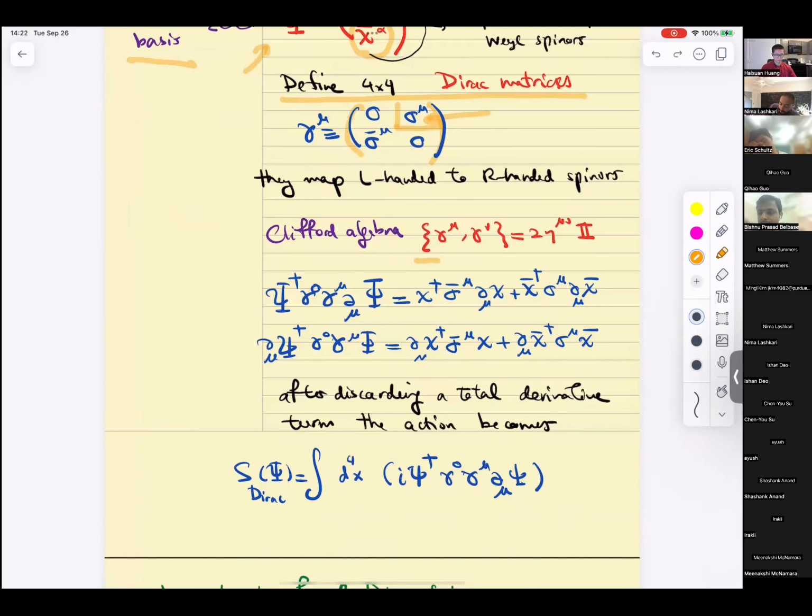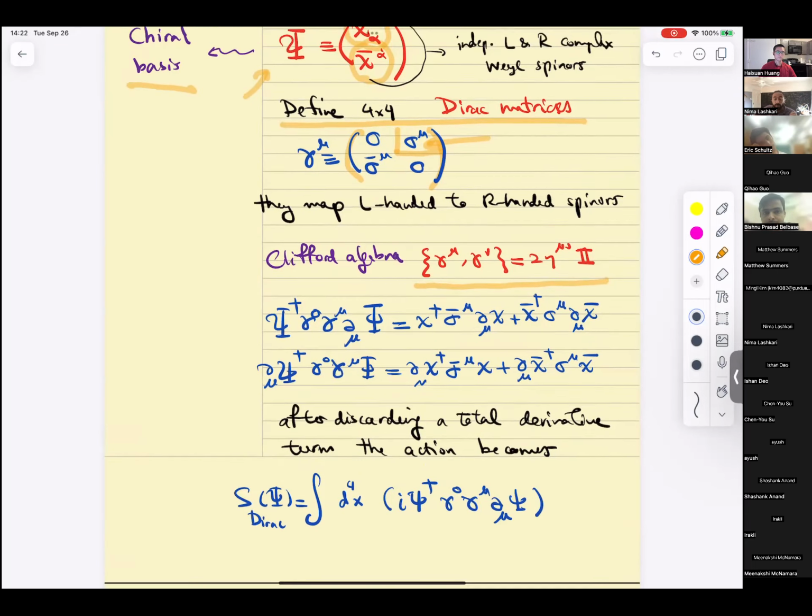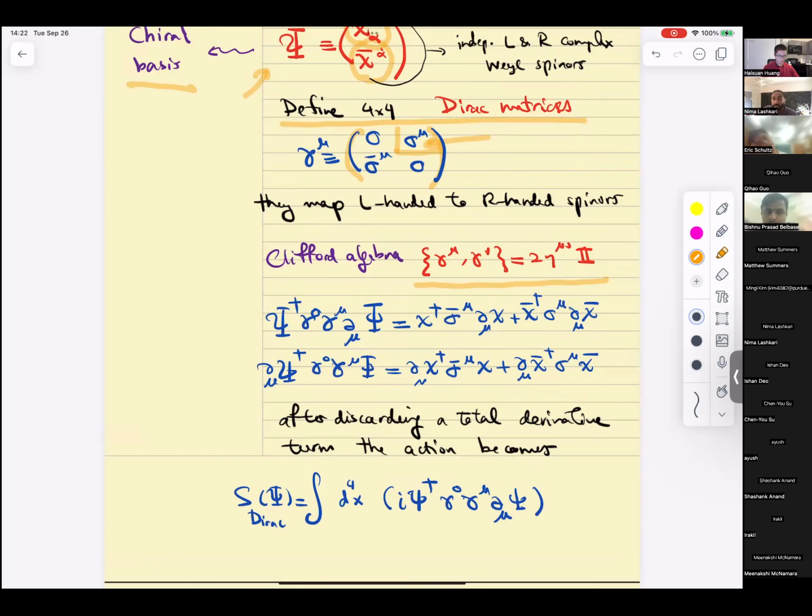Now, these Dirac matrices are 4 by 4 matrices. Keep in mind, this mu index runs over 0, 1, 2, 3, so it's 4 indices. But each of the matrices is also 4 by 4. The 4 by 4 structure is in internal directions. These have to do with the spinor representation.